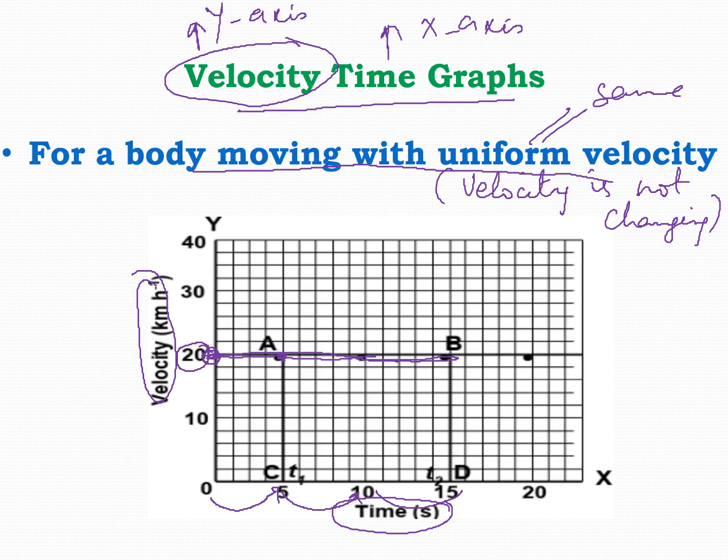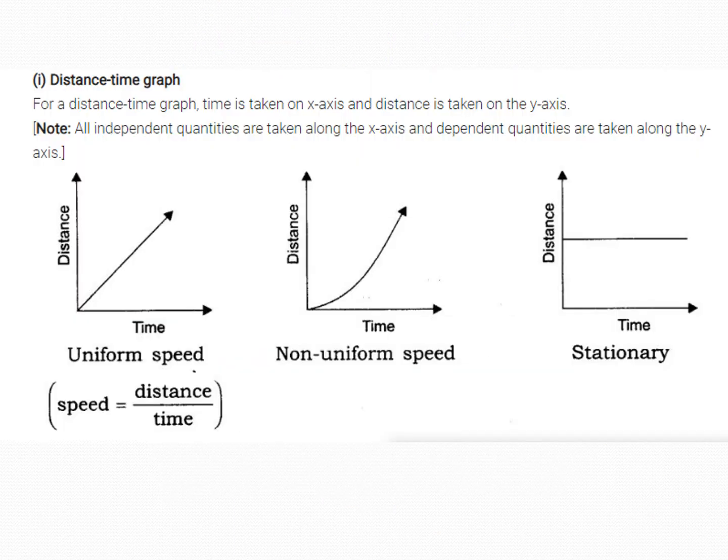So, for the body moving with uniform velocity, time changes but velocity is the same, isn't it? That you can see from the graph also. So these are the three graphs which we have studied just now.